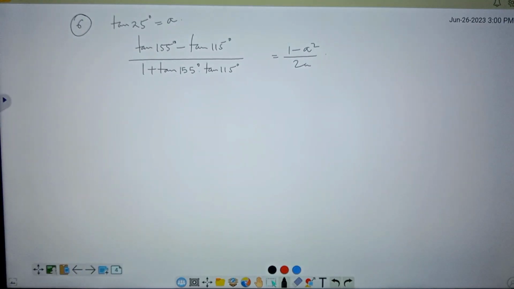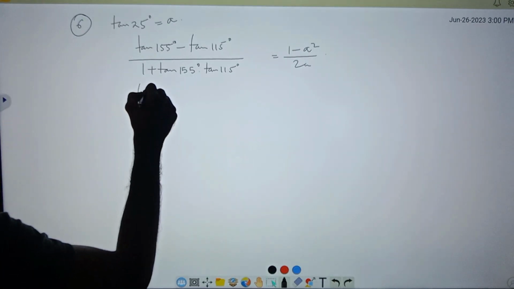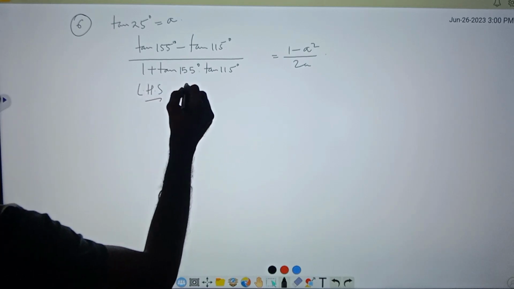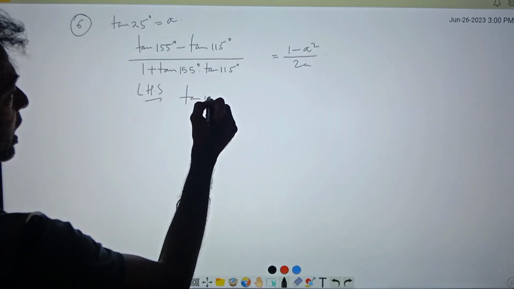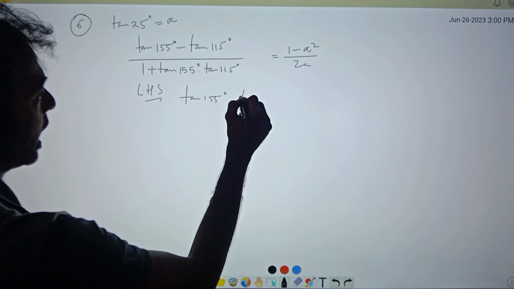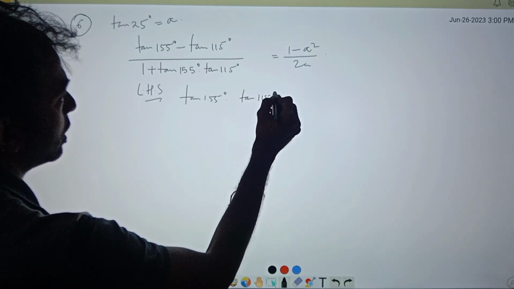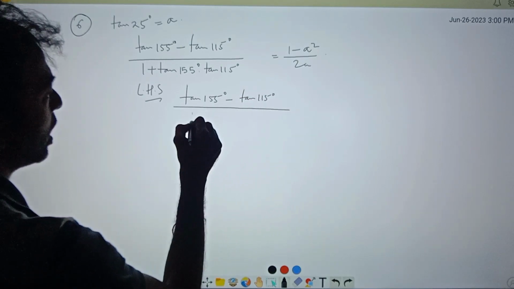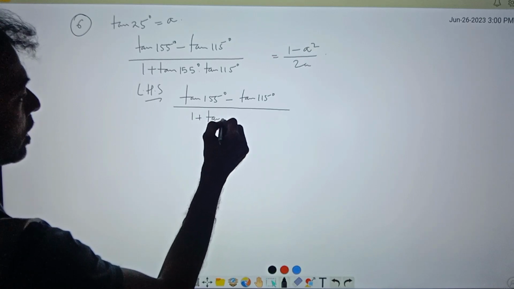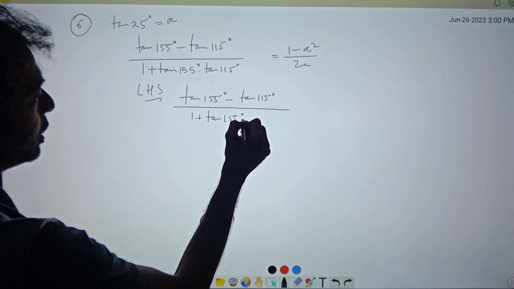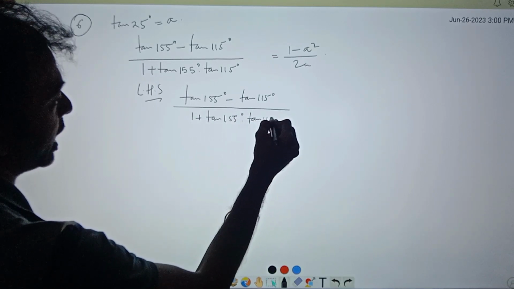Okay. So the LHS part we are considering here, and that will be tan 155 degree minus tan 115 degree, total divided by 1 plus tan 155 degree into tan 115 degree.